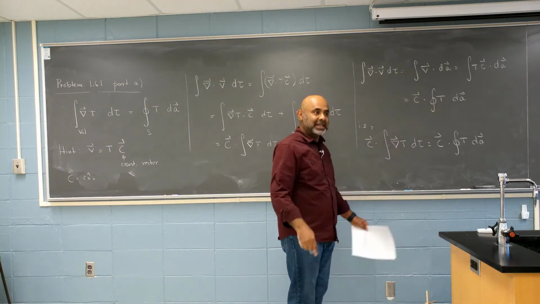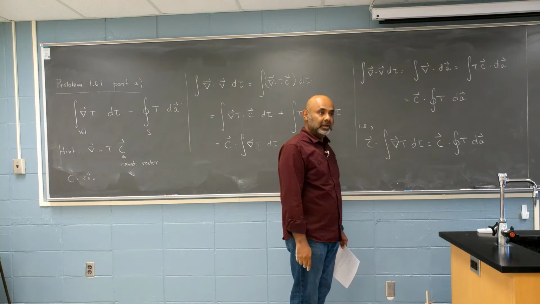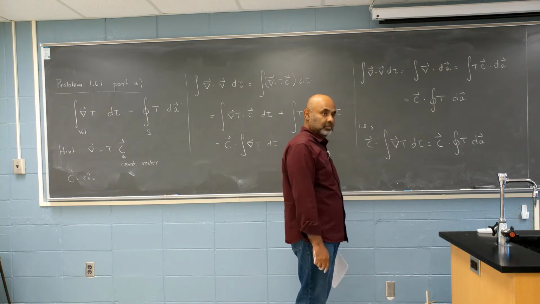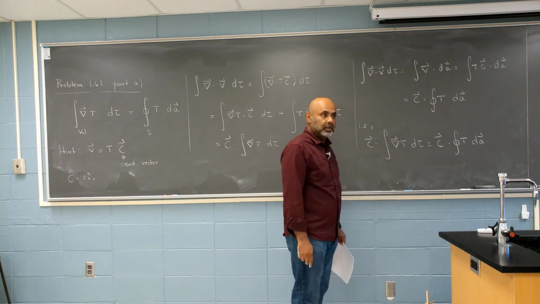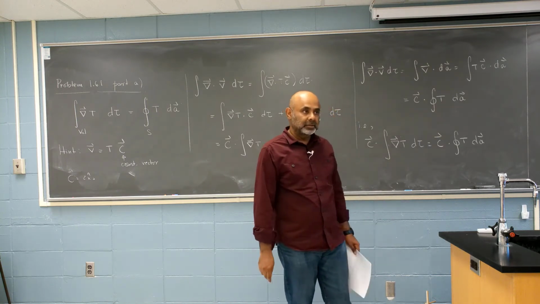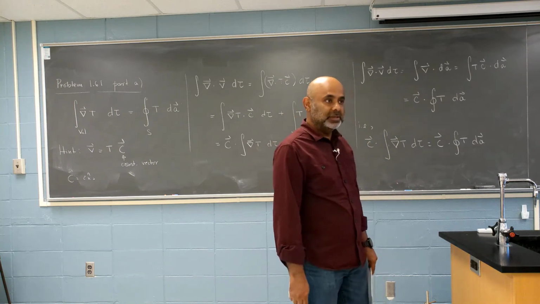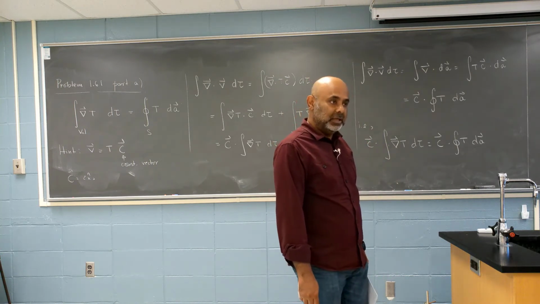C can be just x hat. Correct? So then the x components are equal. Then C can be y hat, then the y components are equal. Then C can be z hat, then the z components are equal.